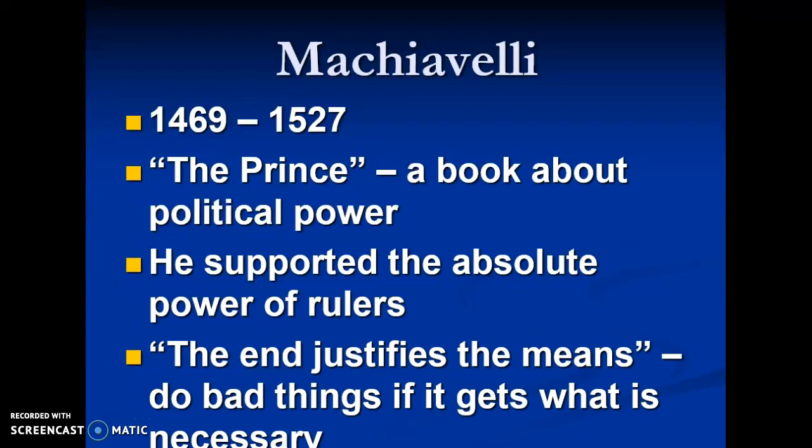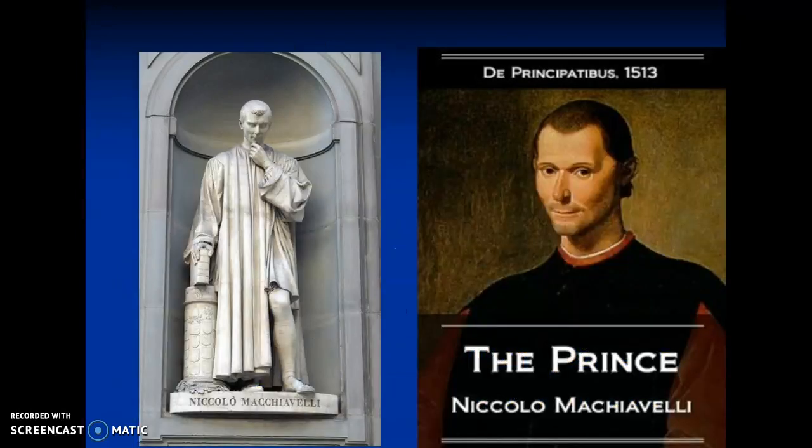Is it okay to kill people? Probably not. But what happens if you're about to be the one to be killed? Does the end of that person dying justify the means of how you got there? Niccolo Machiavelli. That's what he looked like.